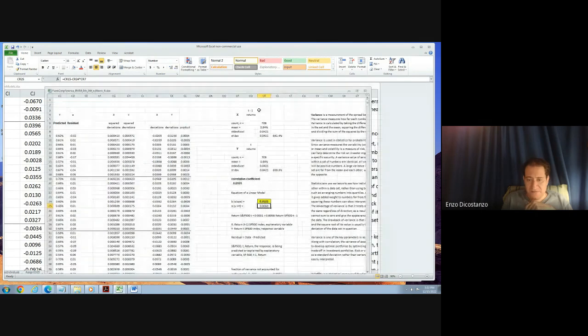Oh wow, did I find a mistake here? It looks like there's a little bit of a mistake. The intercept should be 0063, and yeah, oops. So looking back at this, these numbers aren't the numbers. 065.